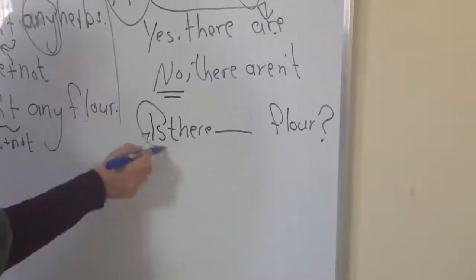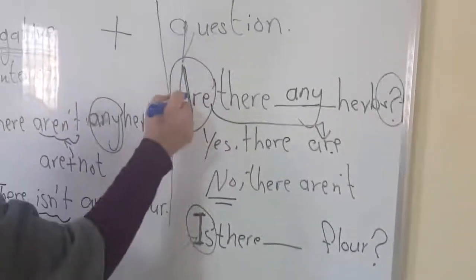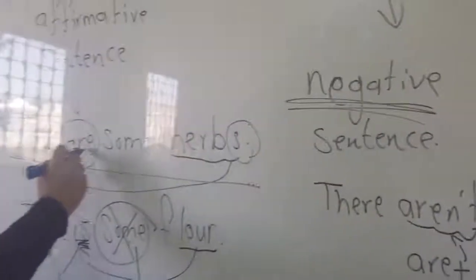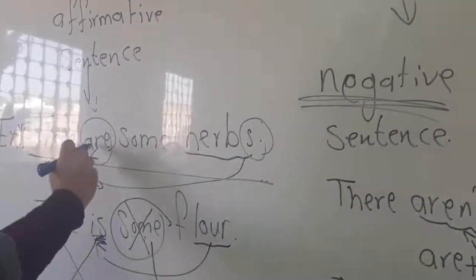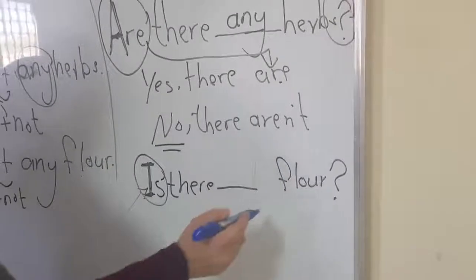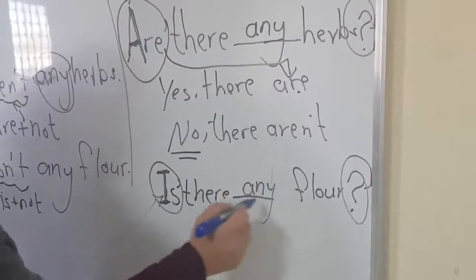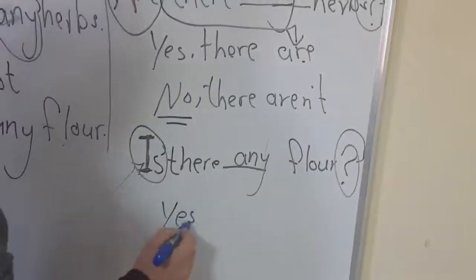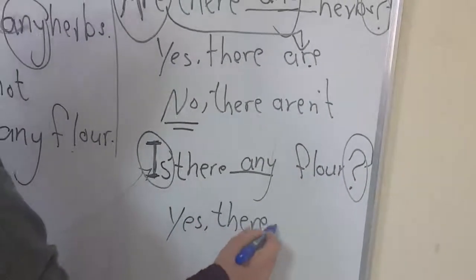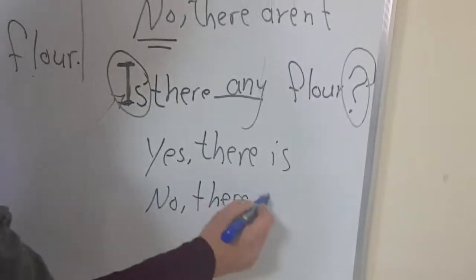Look at is, أول حرف دائما capital letter. انتبهوا لي على هالشغلة هاي لما نعمل الضرب التبادلي، لأنها هون بتكون بالنص فأكيد حتكون small letter. So لما نعمل الضرب التبادلي بنغيرها لكابيتال letter والتي ترجع small letter. Is there flower? It's a question, so you have to put here any. Is there any flower? Yes, there is or no, there isn't.